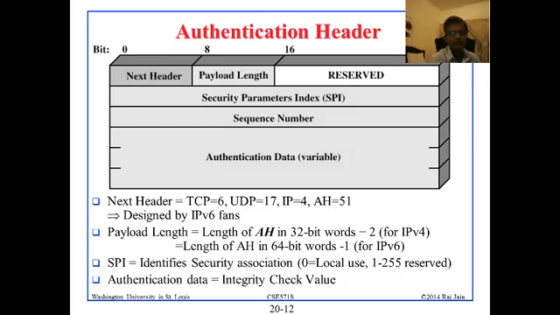So you take whatever number of bytes there are, divide by 4, that gives you the length of the AH payload in 32-bit words, minus 2. Then you subtract 2 for IPv4. In case of IPv6, you divide by 64 and subtract 1.